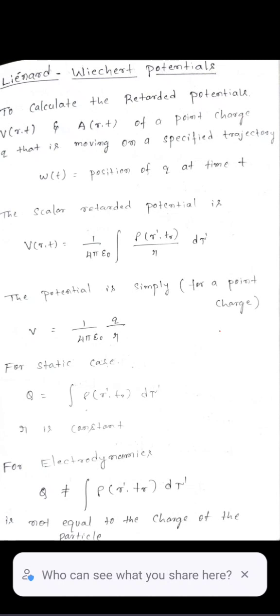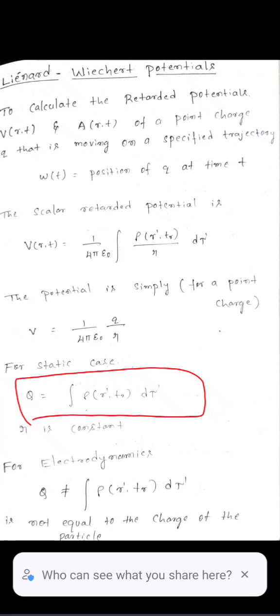Then q is equal to the integral of rho, where r prime is the position of the charge and d tau prime is the volume containing the charges. So r is constant for the static case.